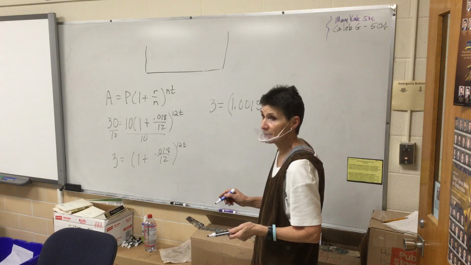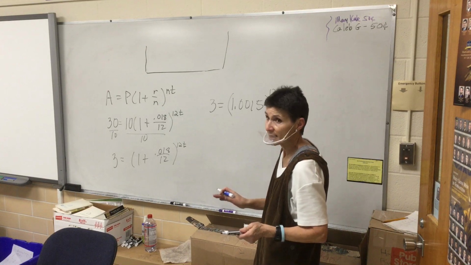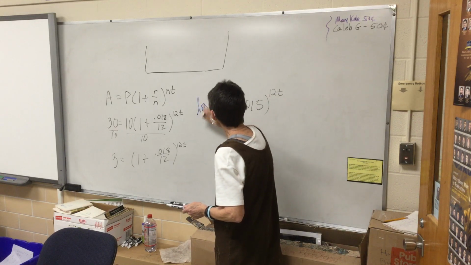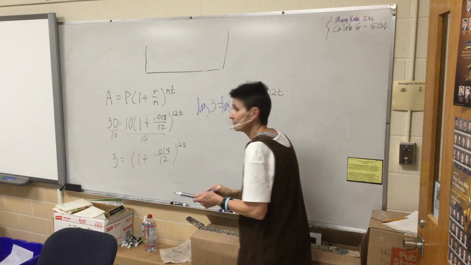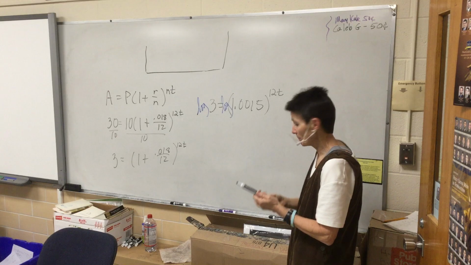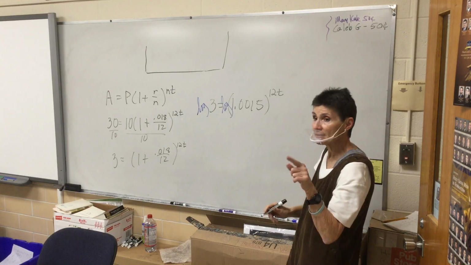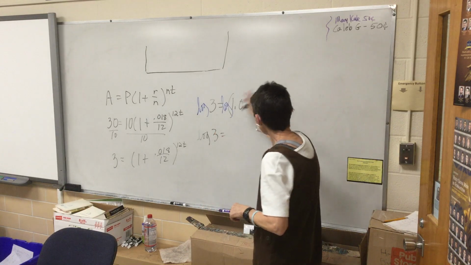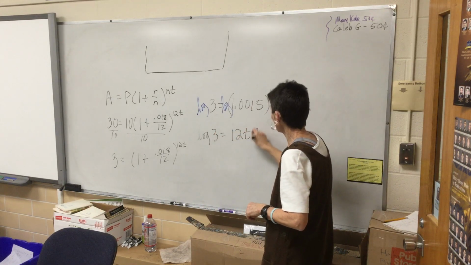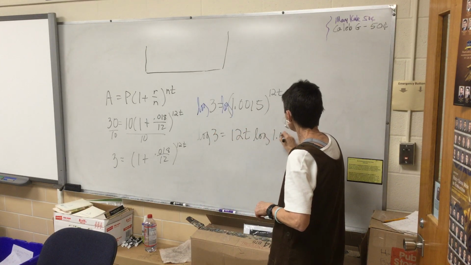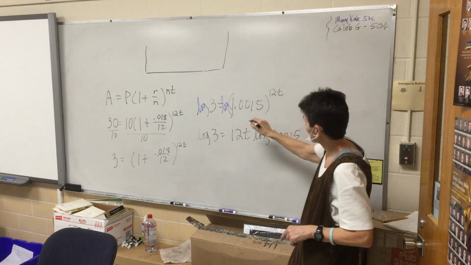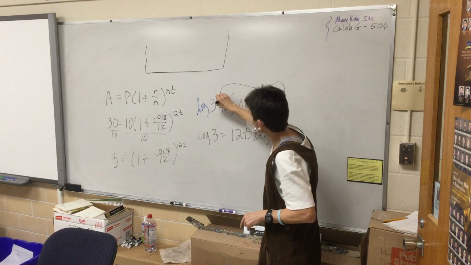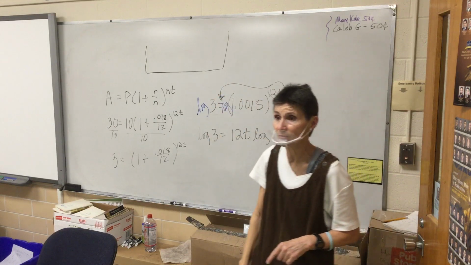It doesn't make any difference, but nothing's going to cancel in this problem, so there's no benefit to one or the other. So I'm a creature of habit, I log, so I'm going to log. And I did that so that that 12t would come out in front. Remember, in a logarithmic expression, an exponent becomes a coefficient.